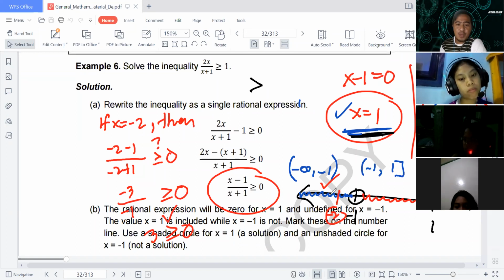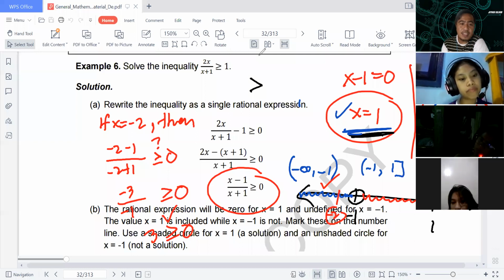This portion should be included in your solution set later, because any value from this interval can make this inequality true. Even though we pick only one, if you check the rest of those numbers, for sure they can make this inequality true. So the first interval is okay. Any question for the first interval?